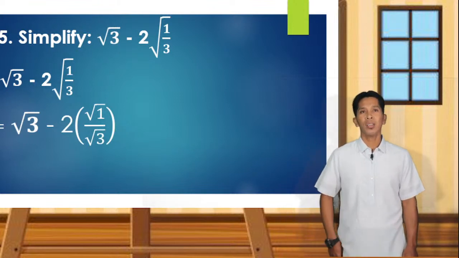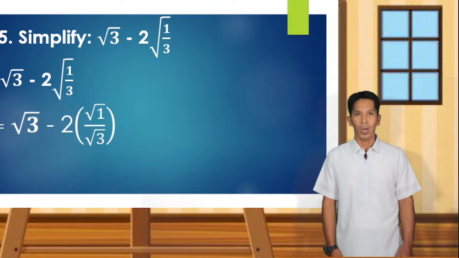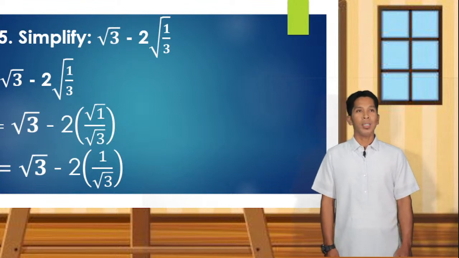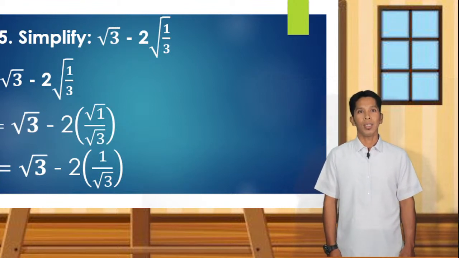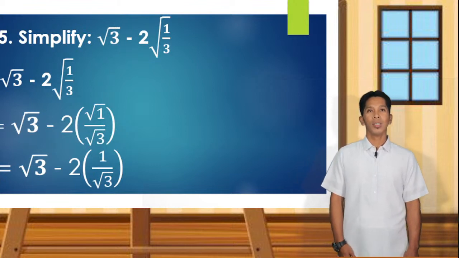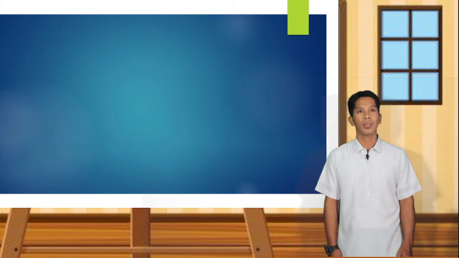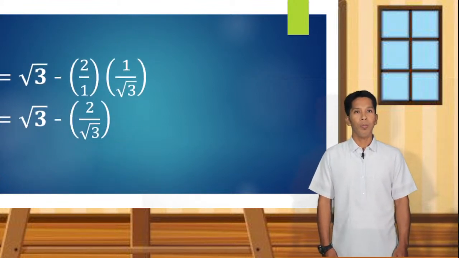And what is the square root of 1? Of course, it's obviously 1. So this can be written again as square root of 3 minus 2 times 1 over square root of 3. And we're going to get the product of 2 and 1 over square root of 3, that will give us 2 over square root of 3.